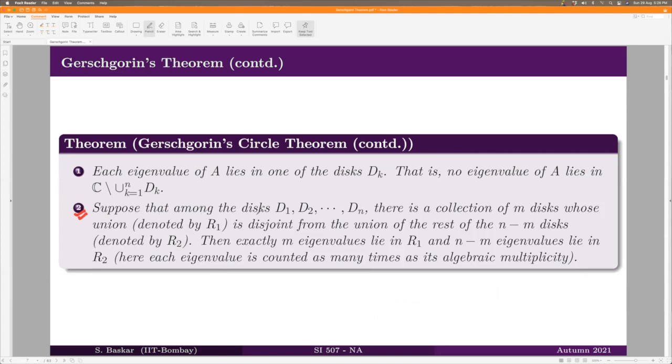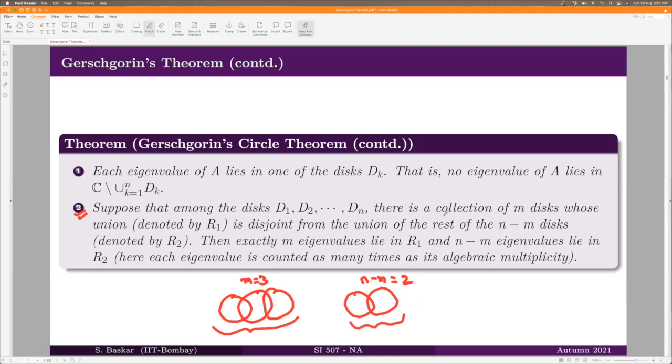Suppose that among the disks D1, D2 up to Dn, as I drew previously, you have 5 disks, as you are working with a 5 cross 5 matrix. There is a collection of M disks, say M equal to 3, whose union is disjoint from the union of the rest, N minus M, which is 2. So this has a union of 3 disks and this has a union of 2 disks.